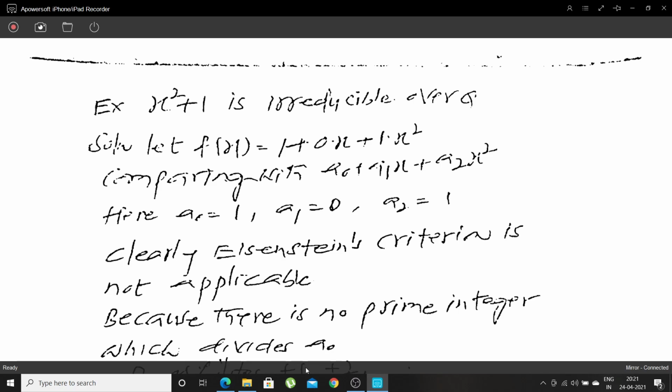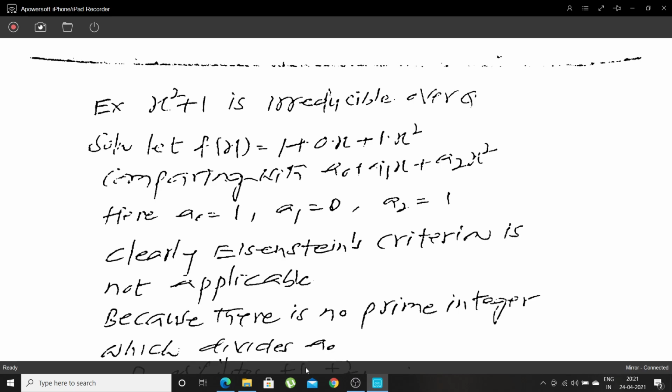What is important here is that the prime integer divides the constant term. The prime integer divides the coefficient of x, but it will not divide the highest degree term, that is, if it is x to the power n and its coefficient is a n, p will not divide a n.